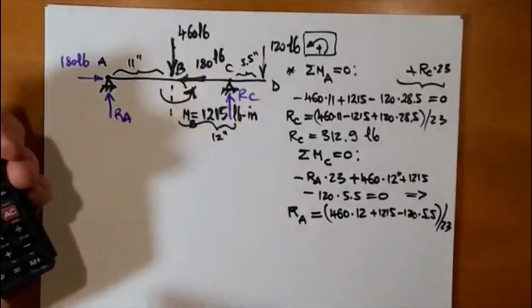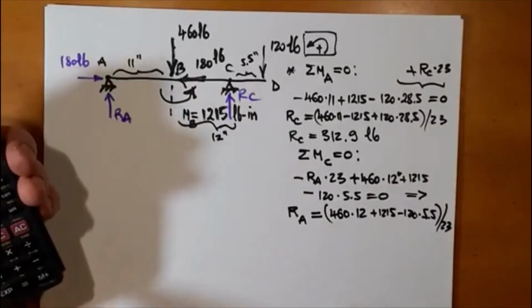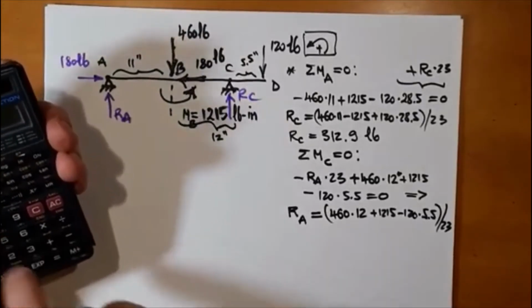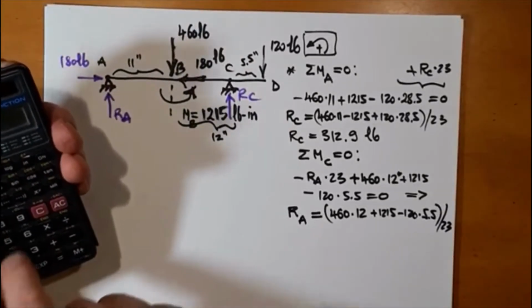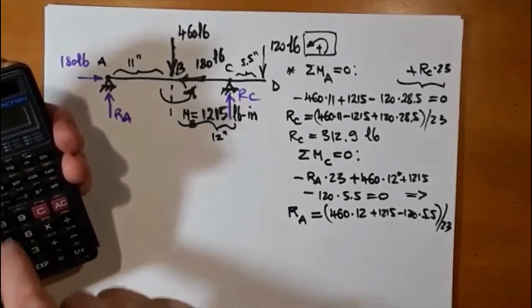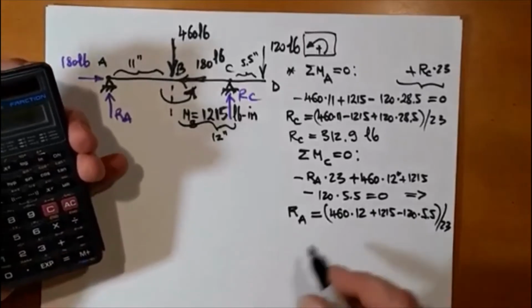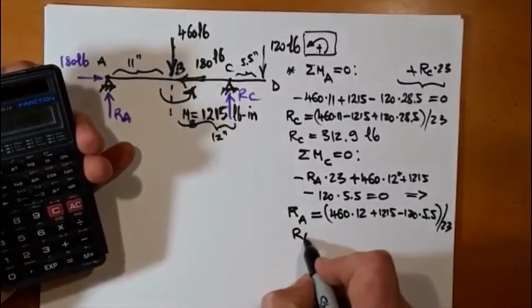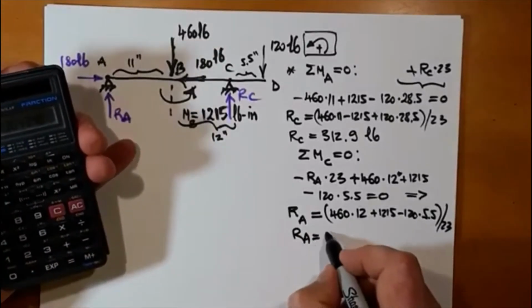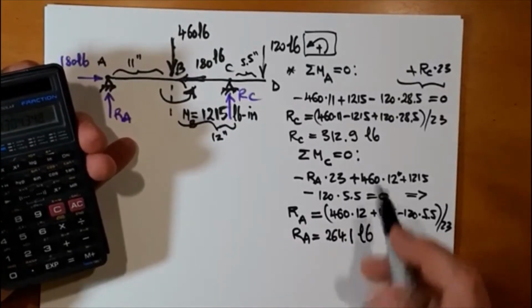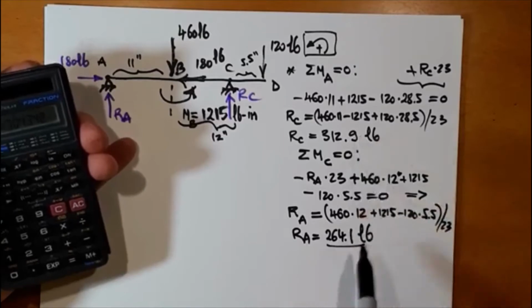Okay, so 460 times 12 plus 1215 minus 120 times 5.5, over 23, equals RA, which is 264.1 pounds.